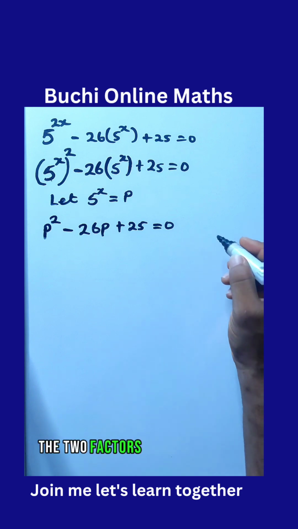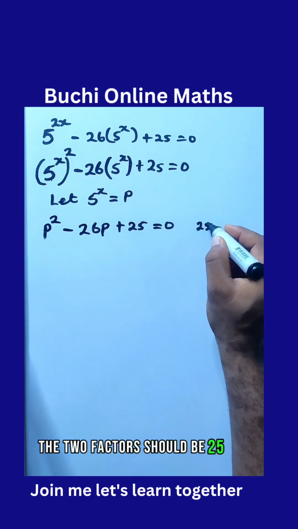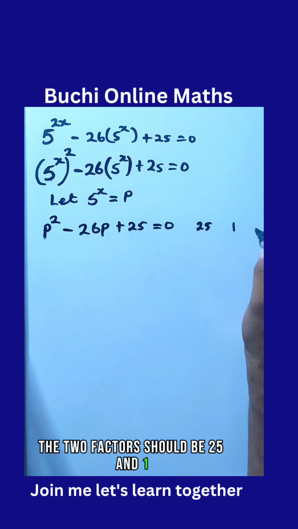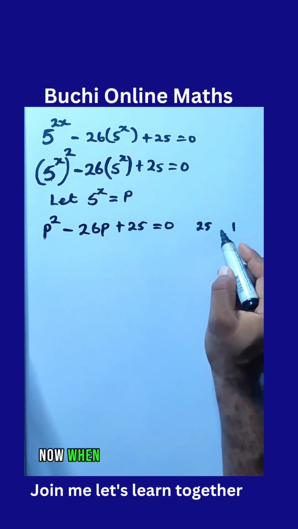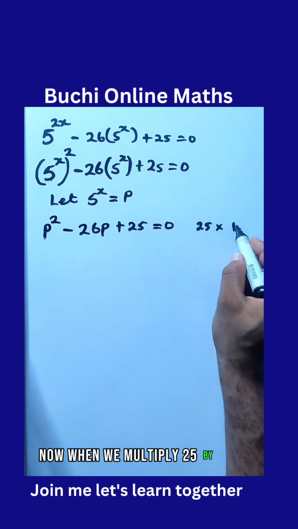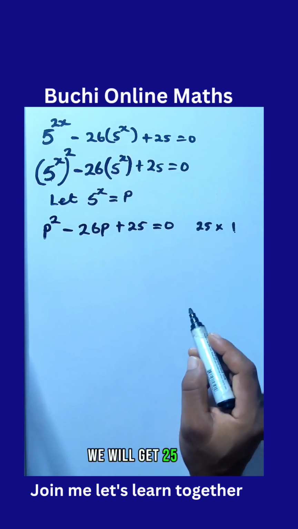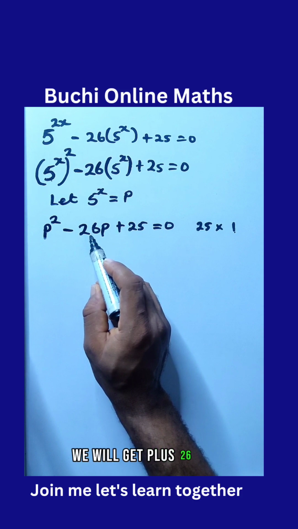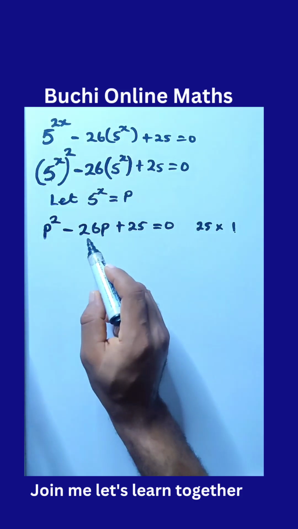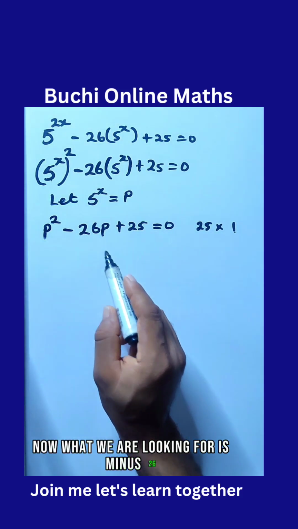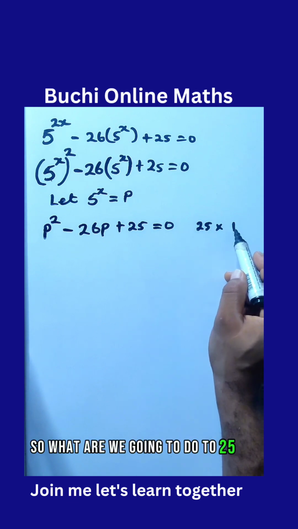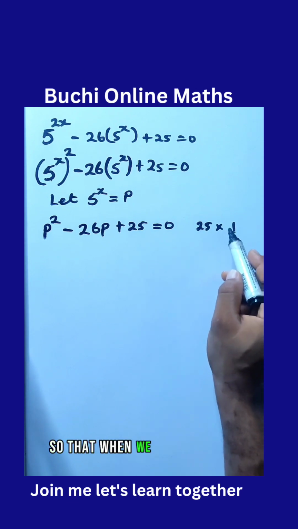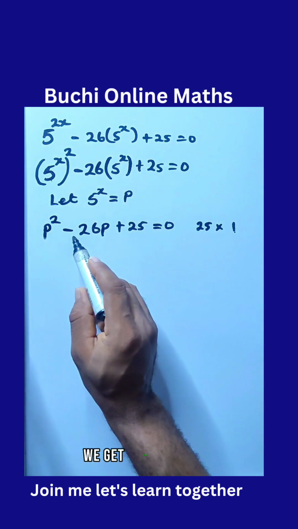The 2 factors should be 25 and 1. Now, when we multiply 25 by 1, we will get 25. But when we add 25 to 1, we will get plus 26. Now, what we are looking for is minus 26. So what are we going to do to 25 and 1 so that when we add them together, we get minus 26?